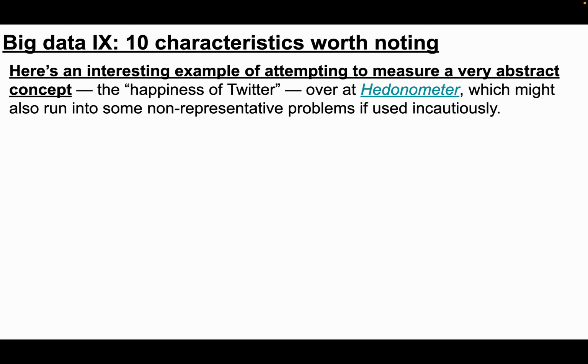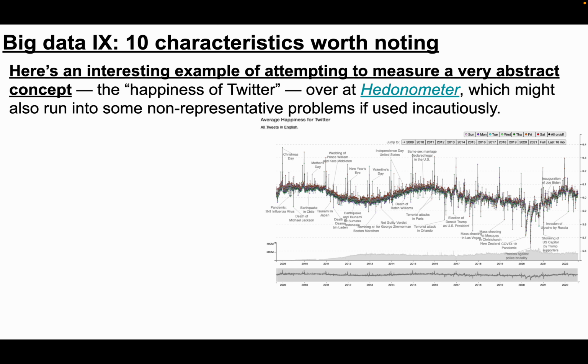Here's an interesting example of attempting to measure a fairly abstract concept, the happiness of Twitter, produced by the people at Hedonometer. Hedonics is basically the study of the satisfaction that people get from goods and services, which is about the fakest science you can imagine, but there's something to it, though you have to be careful. Anyways, this is a well-known figure in the data science community.